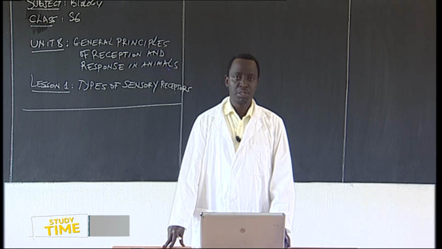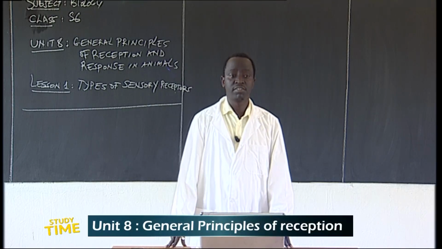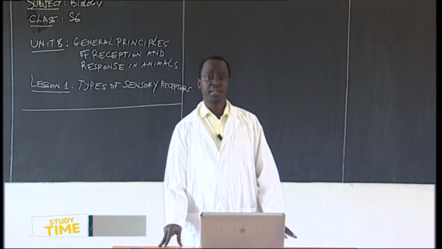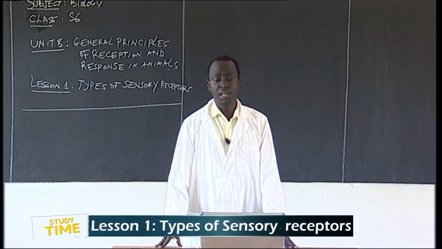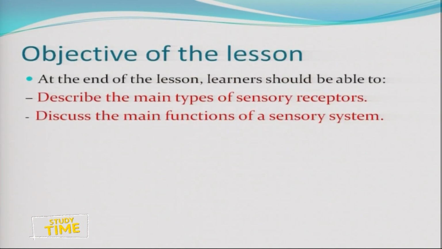Today we're going to see unit number 8, senior 6, which is the general principles of reception and response in animals. The lesson of today is the types of sensory receptors. What is the objective of our lesson?